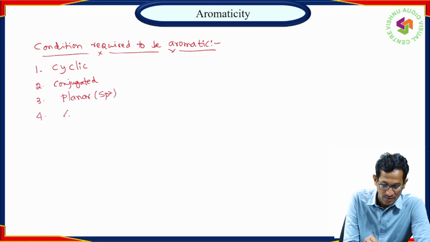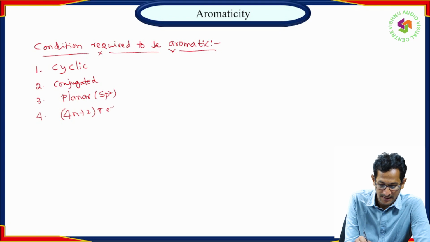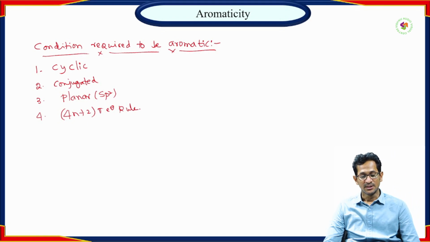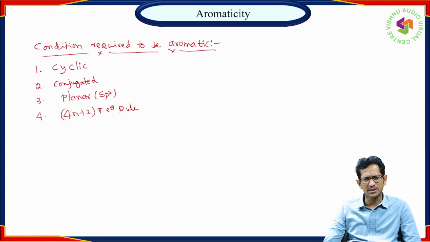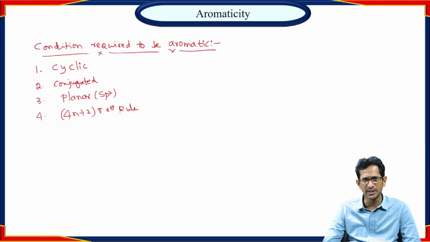Next, four, it must follow the 4n plus 2 pi electrons rule. These are the conditions a compound must satisfy if it is said to be aromatic.